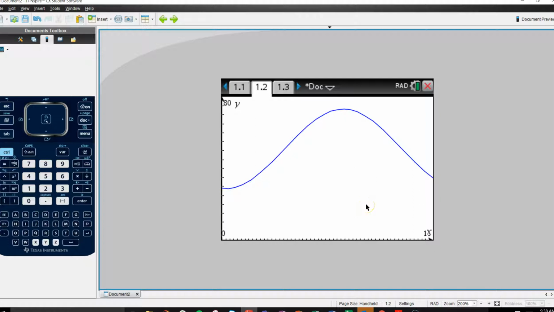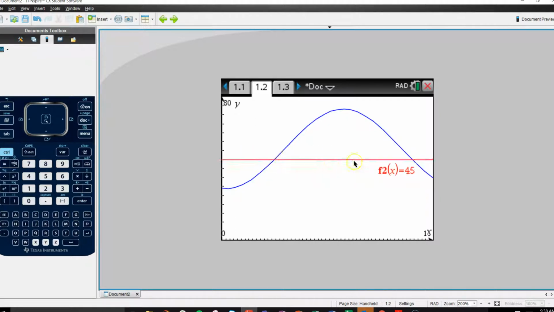Okay, so we need to figure out when the kids are allowed to play outside. Well, they're allowed to play outside when it's above 45 degrees. So here's a really simple way to do this. I'm going to graph another function at 45. I want to find out where it is at 45. So there's 45 degrees.